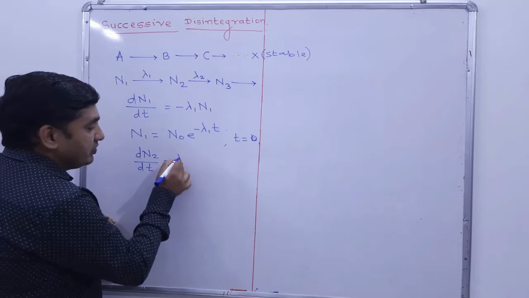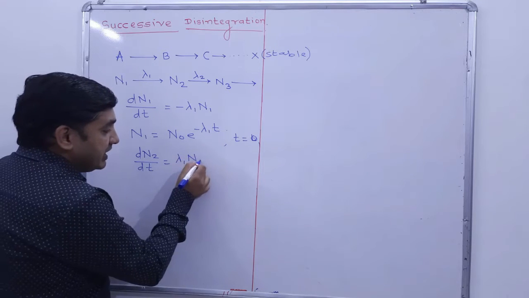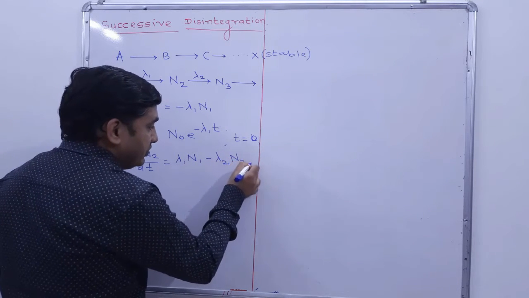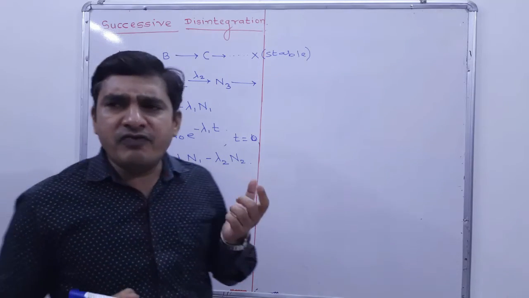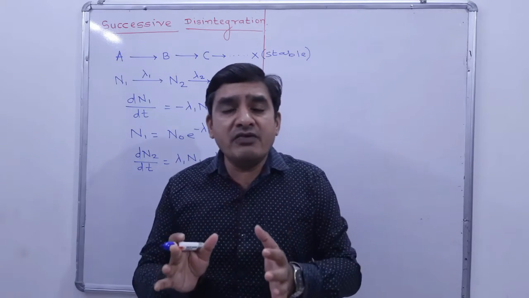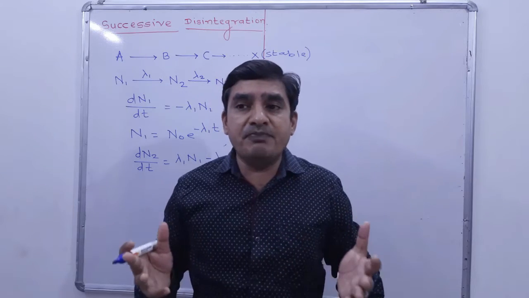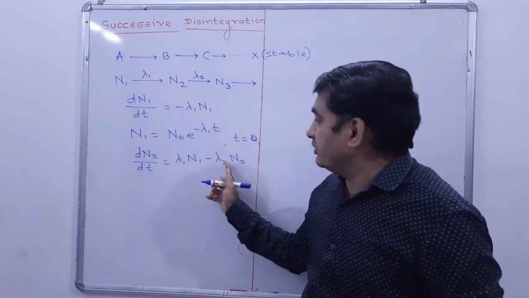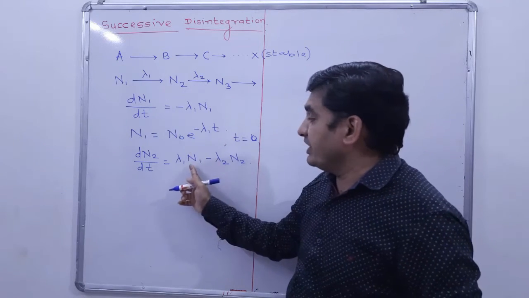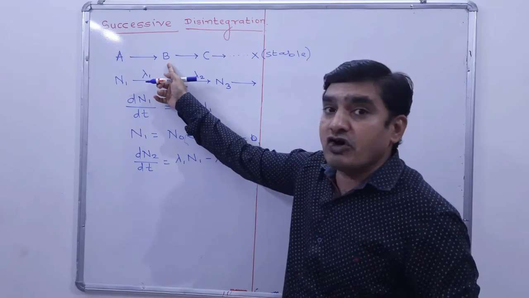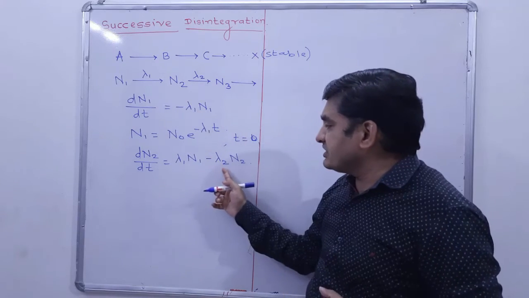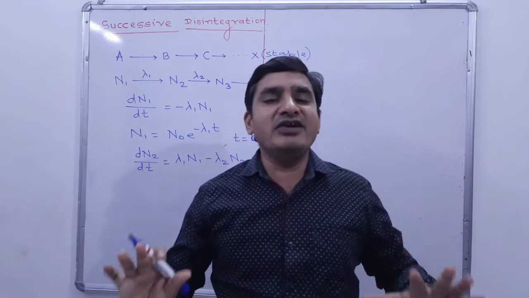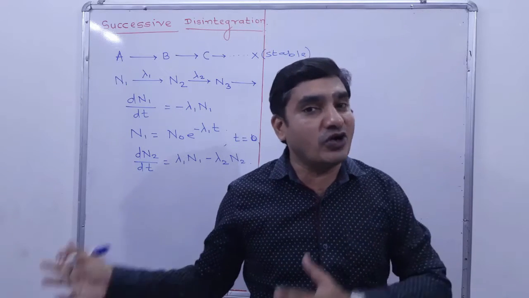It is equal to lambda 1 N1 minus lambda 2 N2. Here the first term, lambda 1 N1, represents the rate of formation of B, or the daughter, and the second term, lambda 2 N2, represents the rate of disintegration of the daughter.